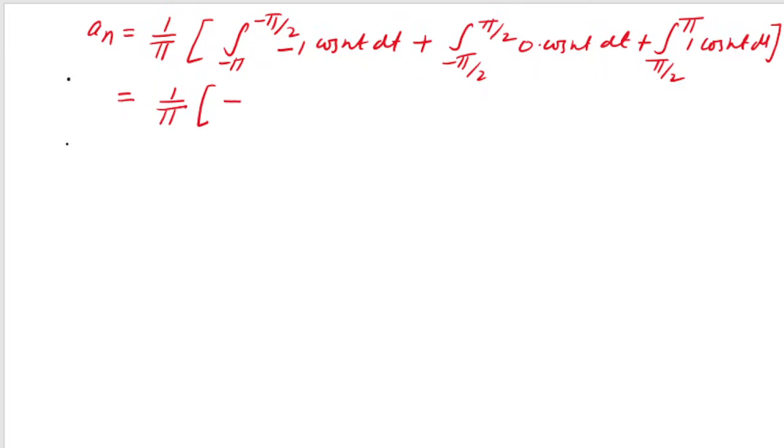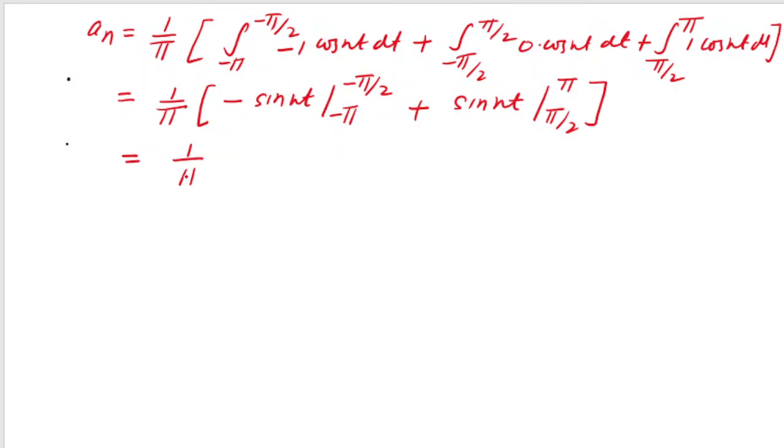So if I evaluate this, it is very easy to evaluate because the functions are very simple. So it is like minus, and integration of cos nt is sin nt, so minus sin nt, limit of integration is minus pi to minus pi by 2. This will be 0, and this again will be sin nt, and limit of integration is pi by 2 to pi. I hope by now you have realized that most of the things are just related to integration.